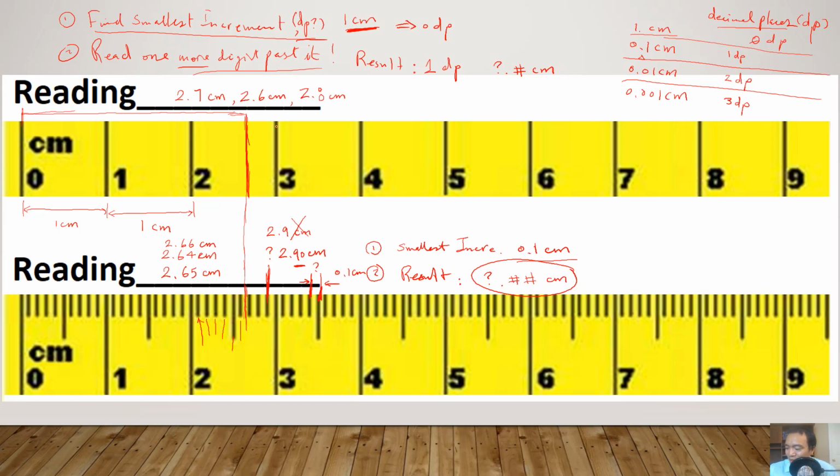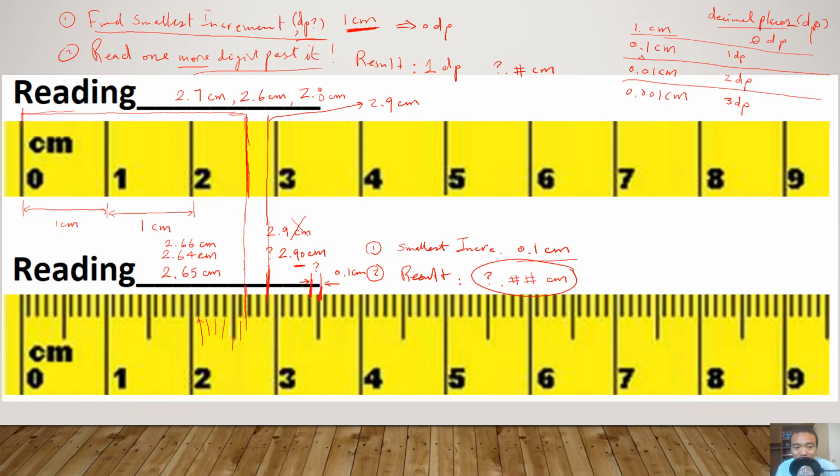And if it's the same situation over the top, it would be recorded as 2.9 centimeter rather than 2.90, because that 10th position is already estimated. There is no point for the top ruler to estimate 1 extra.